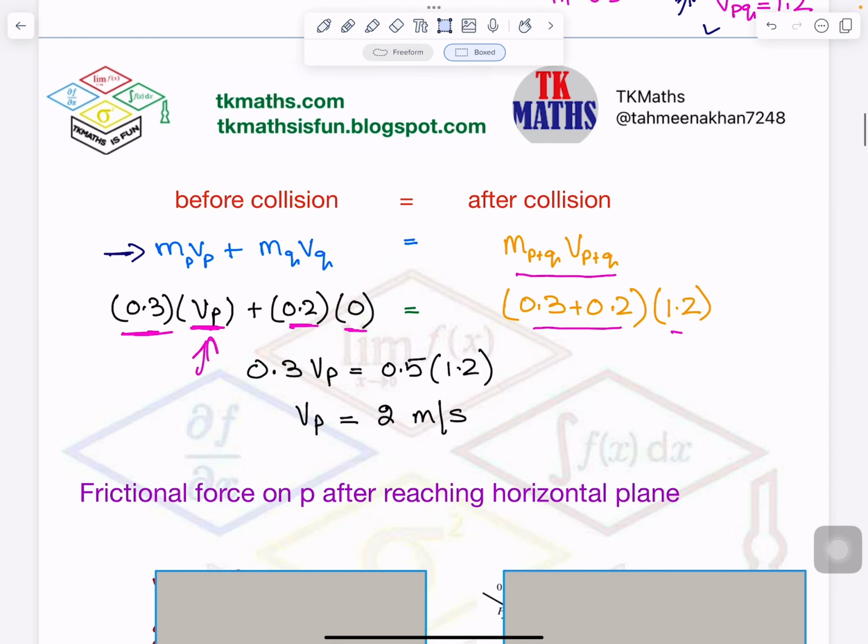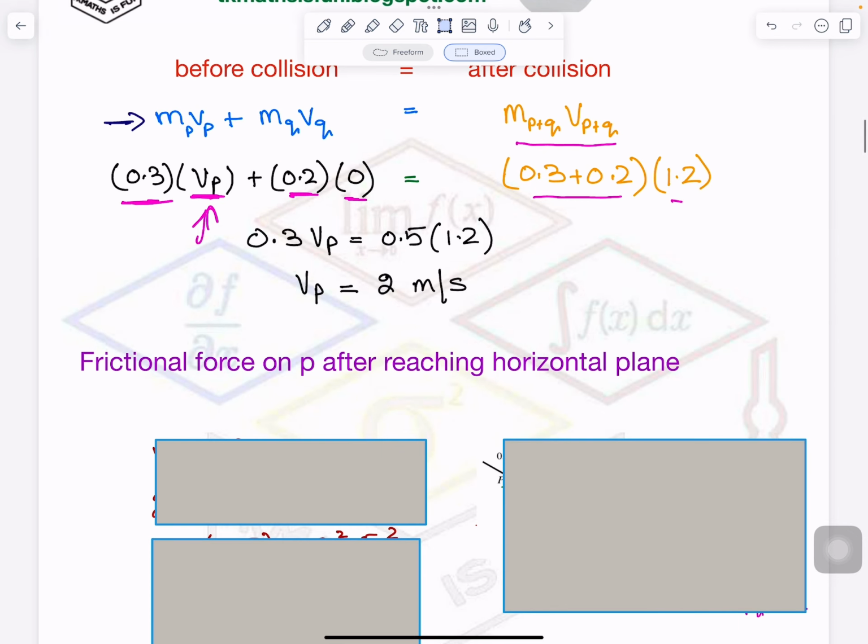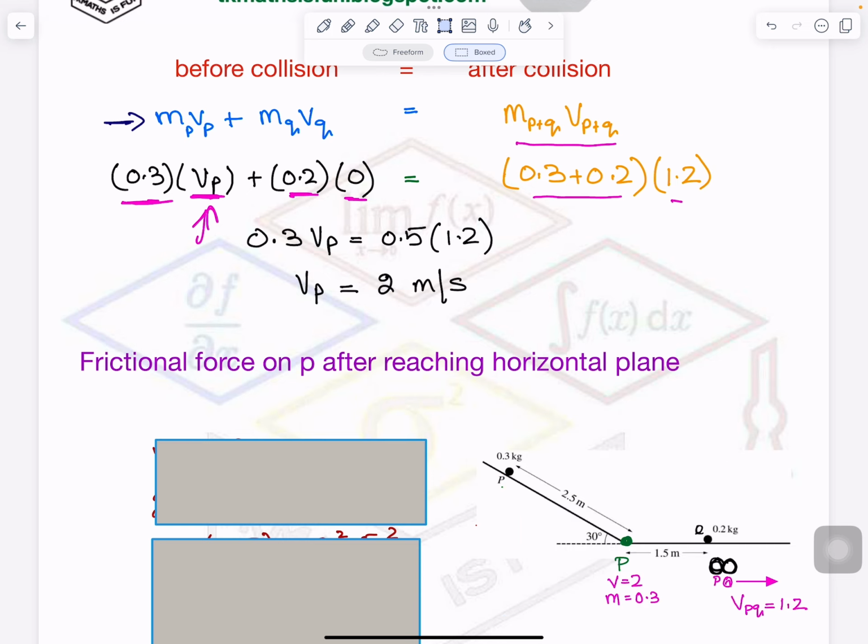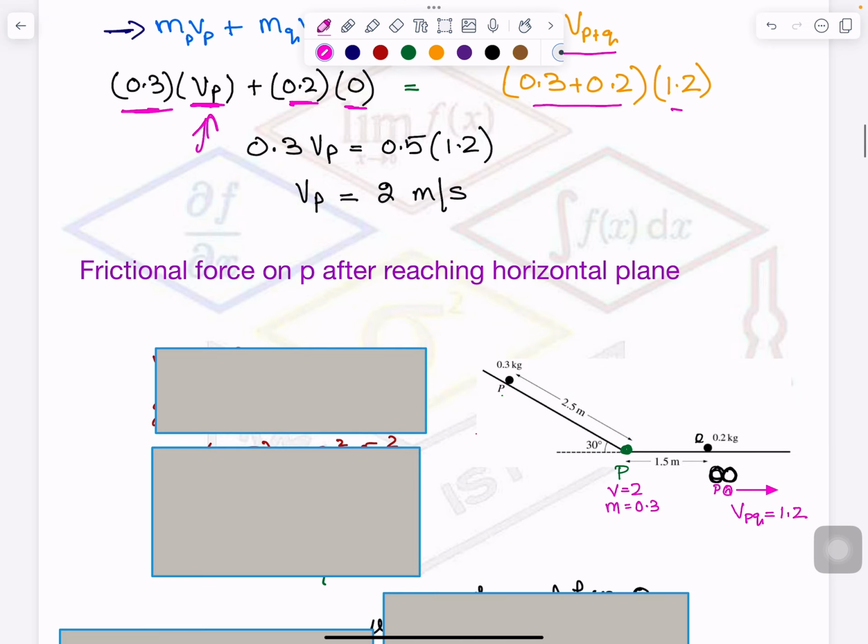Okay, now we know, let me show you the diagram here again. So now you know that before collision here, the velocity was 2 meter per second. When it started from here, it was 5 meter per second. So now you have to find out mu, which is the coefficient of friction.